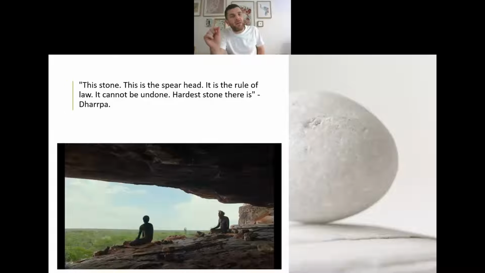And essentially, he's saying that once you choose violence, you can't go back. You can't undo the perpetuation of violence. So he's speaking to this idea of this cycle of violence that's being perpetuated by both settlers and by Nyolngu people. And I think that Dapa in this instance is saying, think about peace.